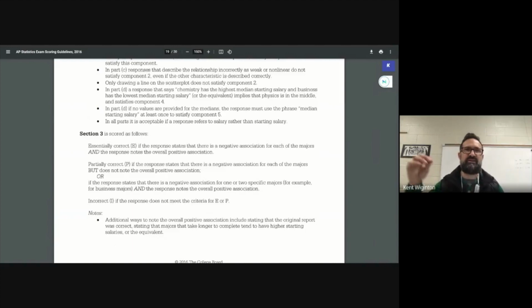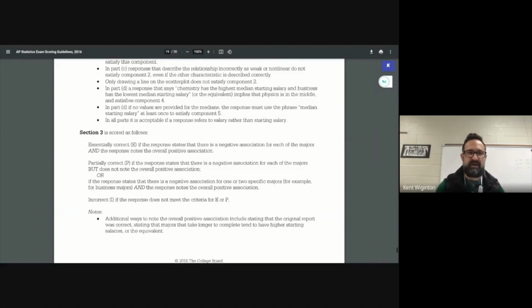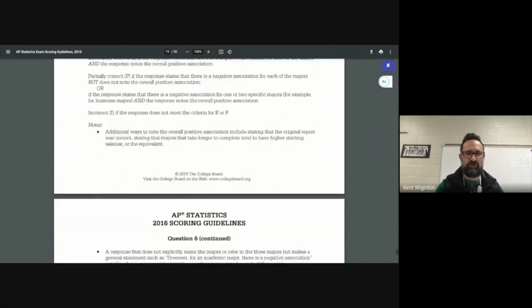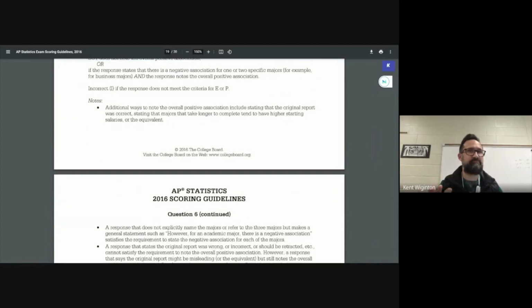Noting that if you got a chemistry degree, which takes longer, you will get a higher salary no matter how many semesters you go. If you only stated one of those 2 things, if you said, oh, they need to add that within the majors it's a negative association, and only said that, then that would be a P. Okay. Now, in order to score, any questions before we go on?